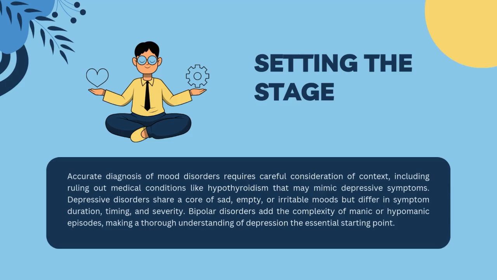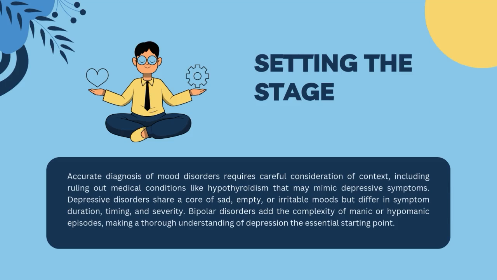One of the key things to keep in mind is that while these disorders have clear diagnostic criteria, it's essential to step back to make sure that what we're seeing really fits. For example, if someone presents with depressive symptoms, we need to consider whether an underlying medical condition like hypothyroidism might be driving their symptoms. Context matters.